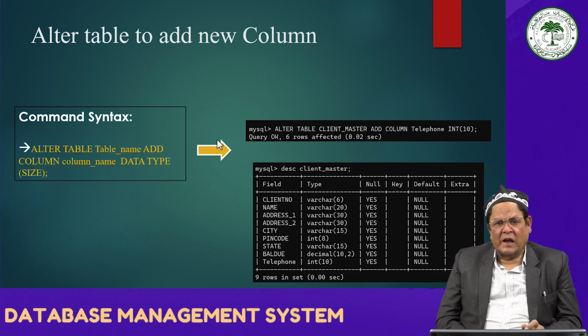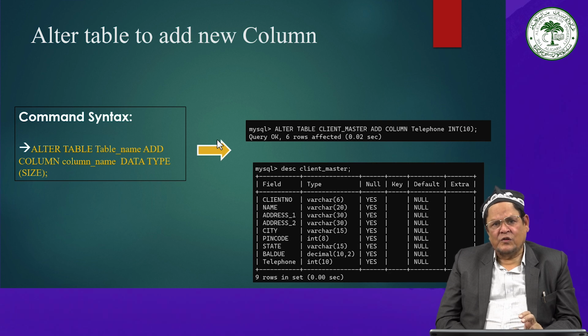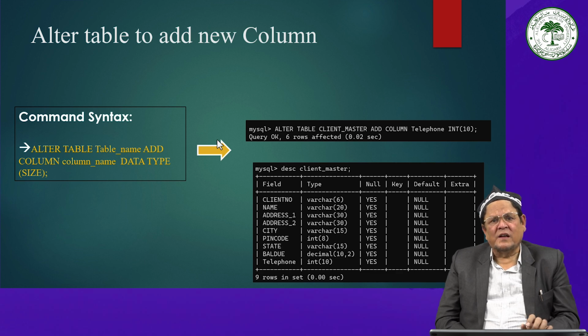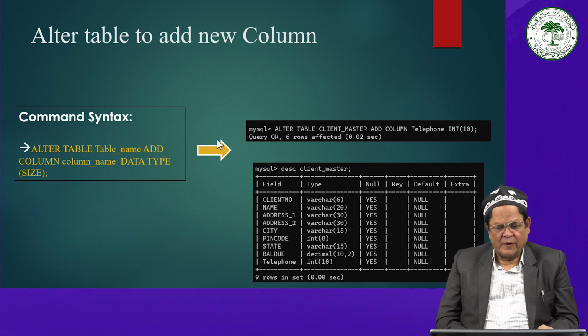It will display as you can see on the screen, and the last line will be 9 rows in a set. It means by alter table, you can add some new column on the existing database.